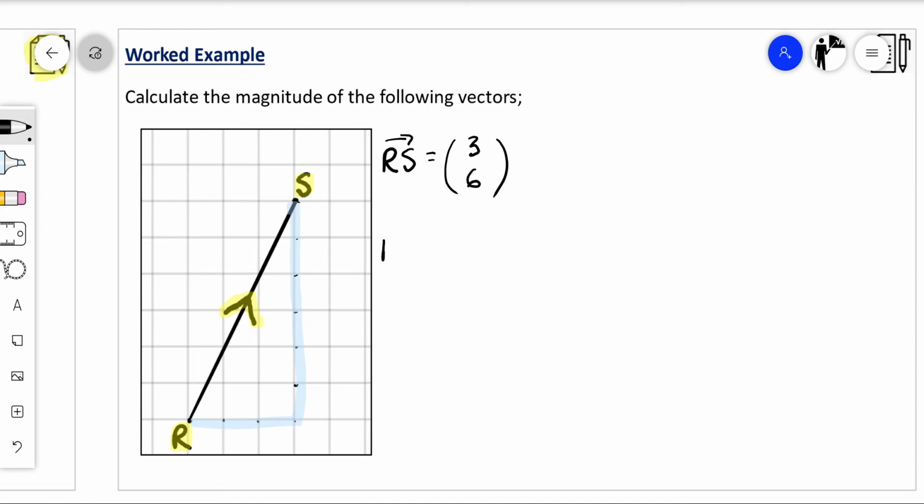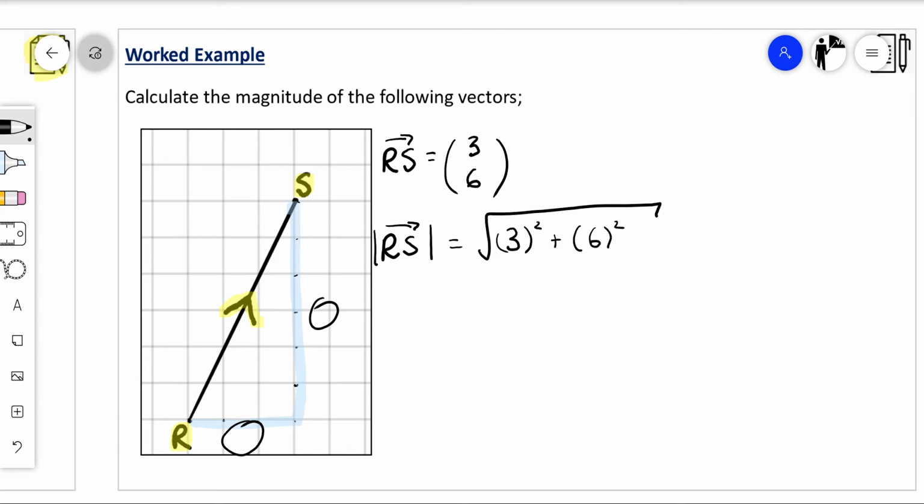So to work out the magnitude of this vector RS, we put that bar either side. Well, we would do this side squared plus this side squared, and then we would take the square root. So we're doing 3 squared plus 6 squared, and then we'll square root it. You can just go straight into this line.